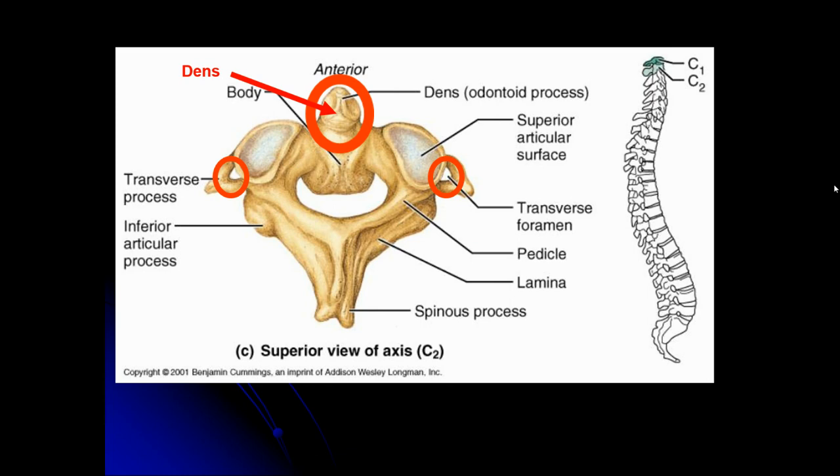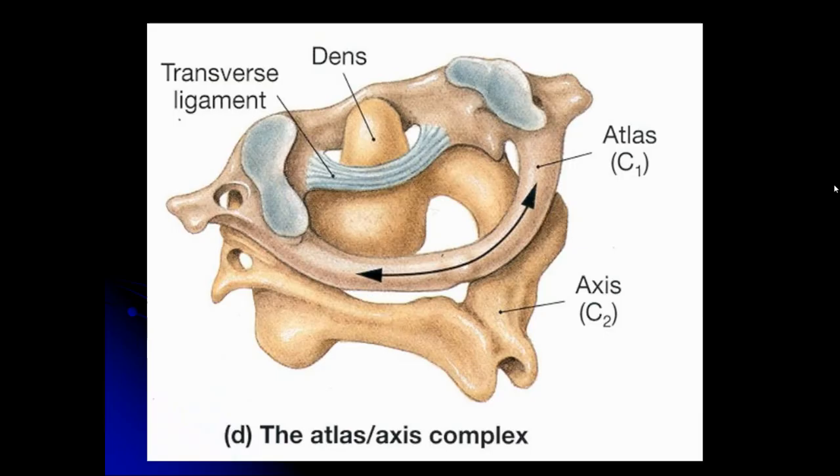They're easy to tell apart from all those others because of these differences. If you look at how these two fit together, you can see that the dens fits in the fovea dentis. A ligament goes across there and holds it in place. The ligament is called the transverse ligament, and it creates a joint here between the atlas and the axis.